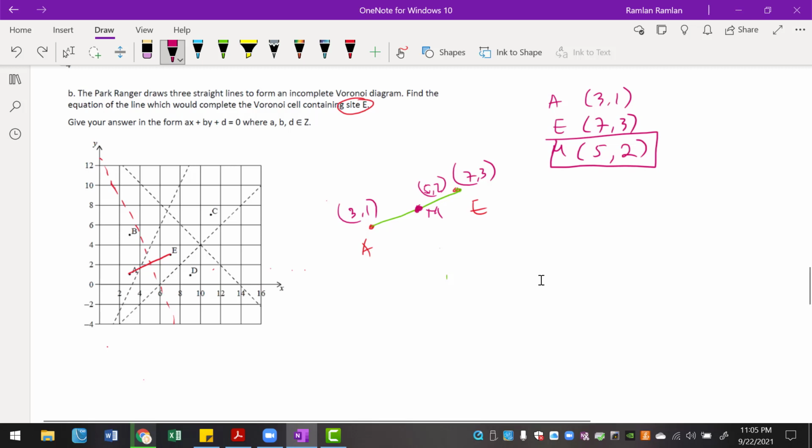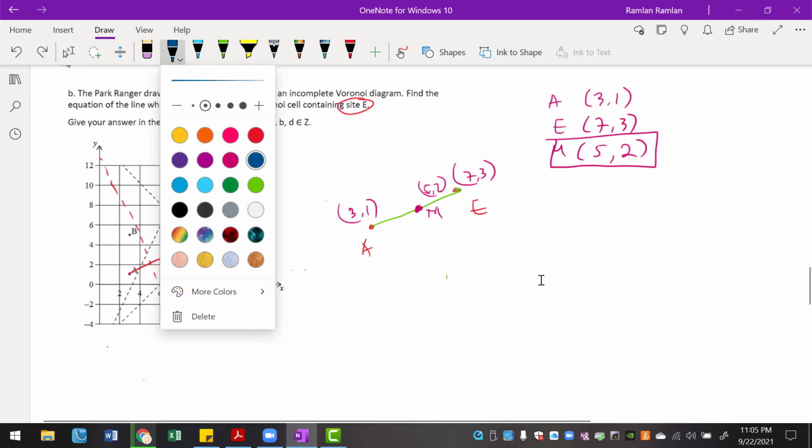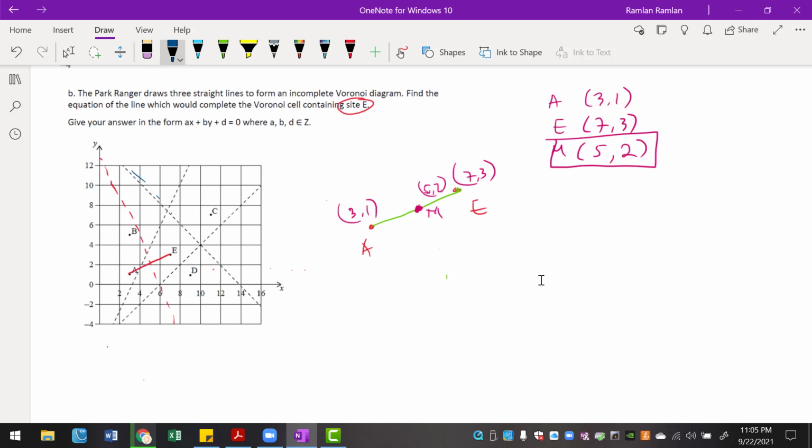If I draw the dashed line like we have here, this line is going to be perpendicular to line AE. Let's say this is M2, and this is M1.